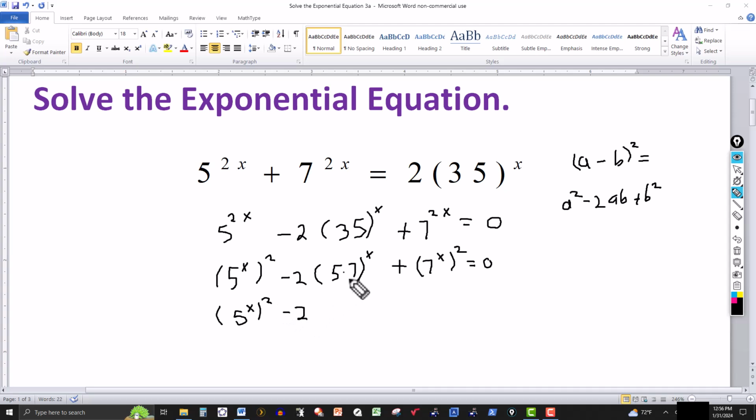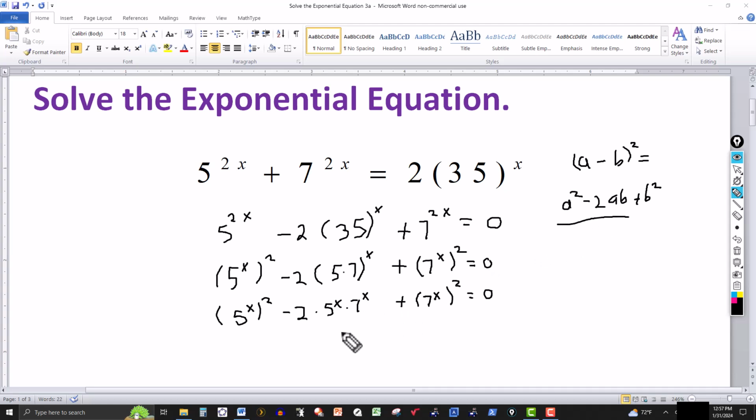I have a product here to the x power, so I can also write this as 5 to the x times 7 to the x. And then this one stays the same. Notice this is like an a here, a b here. So this would be a squared, b squared, and then minus 2, and then the 5 to the x again, that's your a, and 7 to the x is b. So it kind of fits this right here.